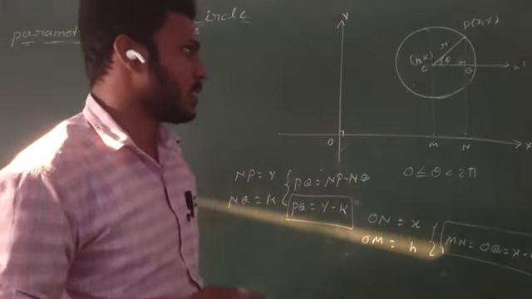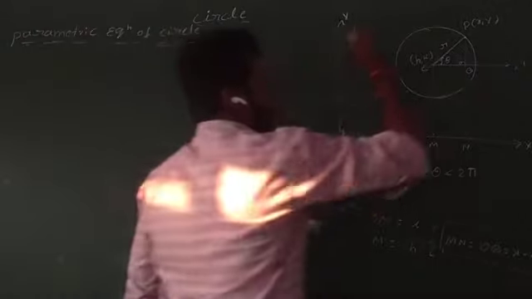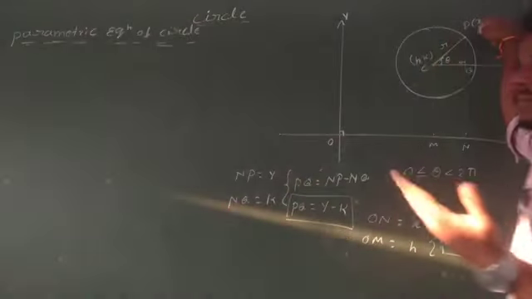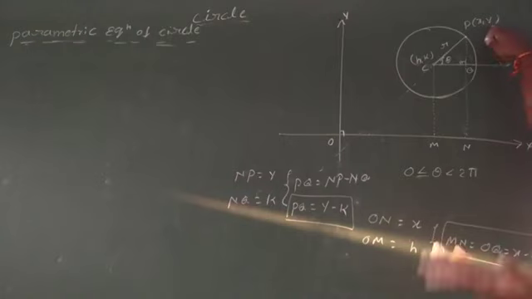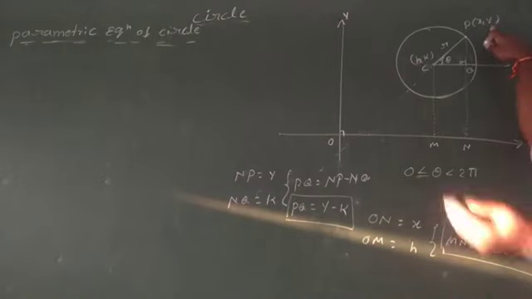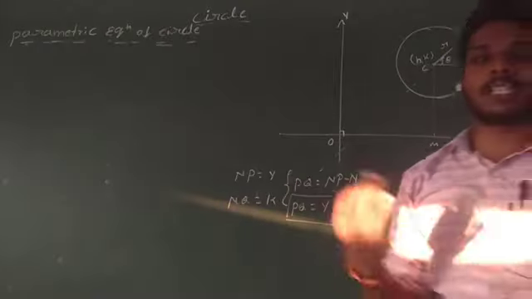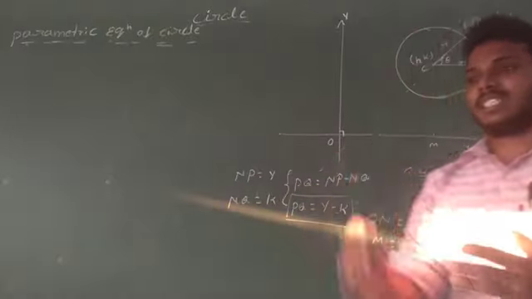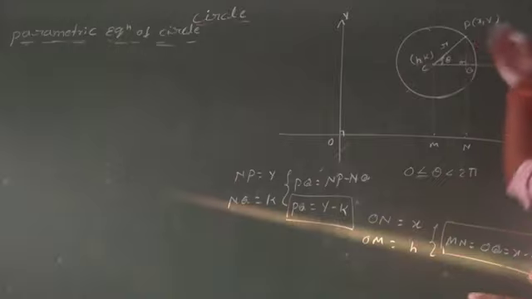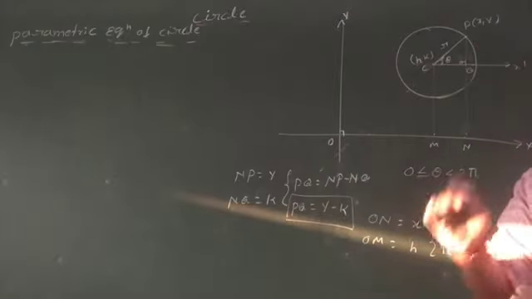How do we use them here? I can replace x comma y with trigonometric ratios. Here x comma y is a general point on the circle, where up to now we have used x square plus y square plus 2gx plus 2fy plus c. So in place of x and y, I can use trigonometric ratios.